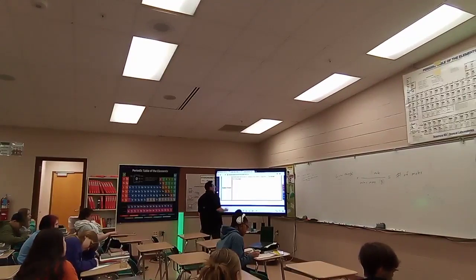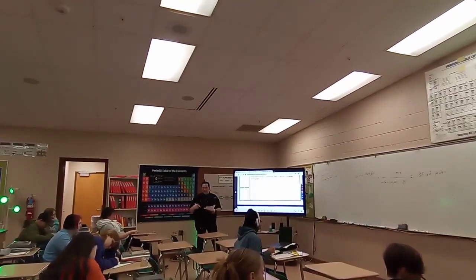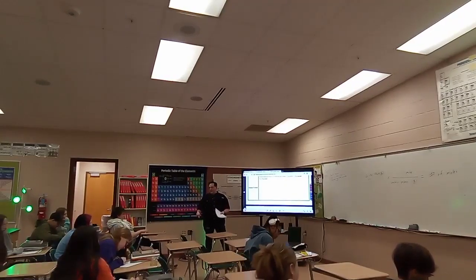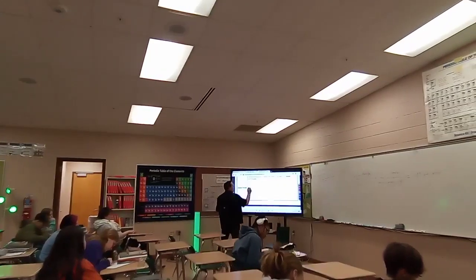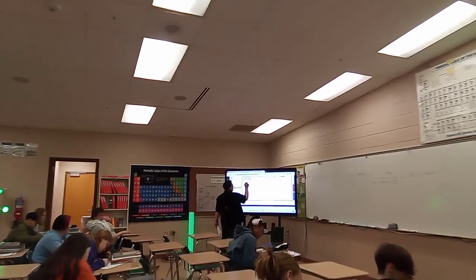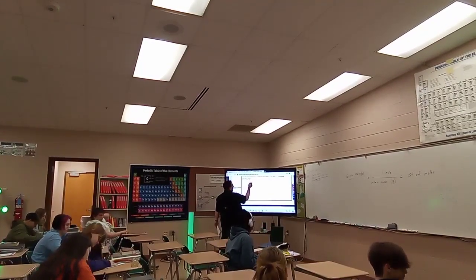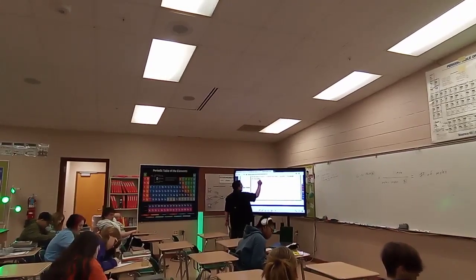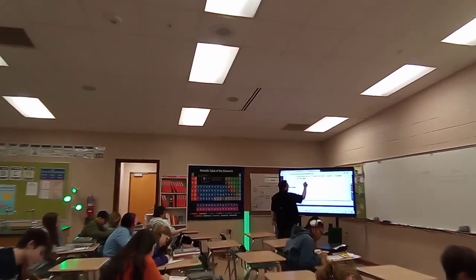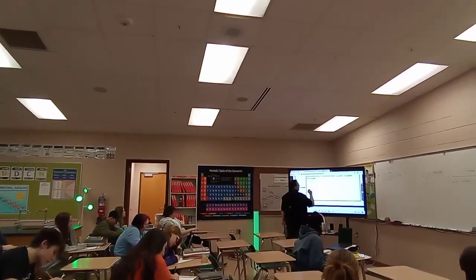First off, what I need to do is figure out how many moles of each I have, right? So here's what I'm going to do. I'm going to take 1.72 grams over 1 times 1 mole over, how many grams is carbon? 12 grams, right?